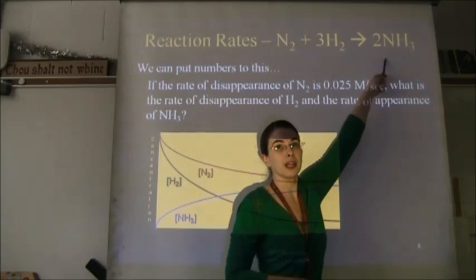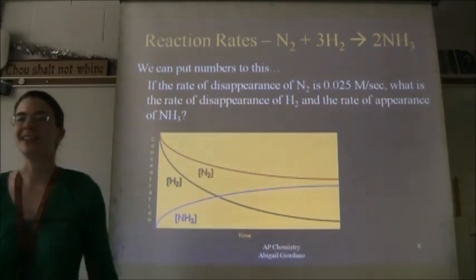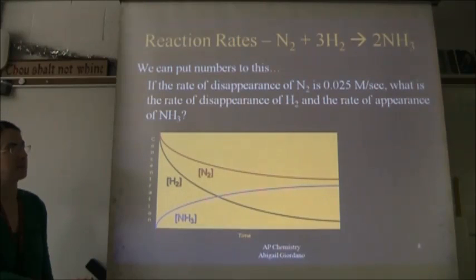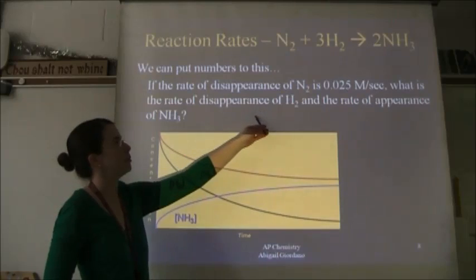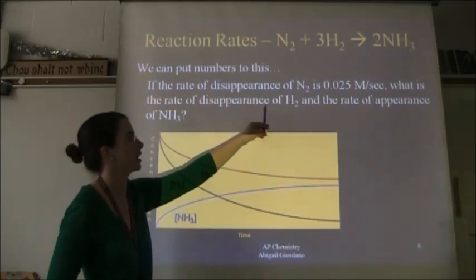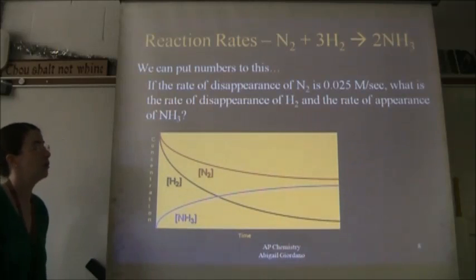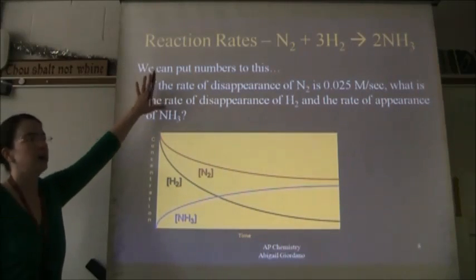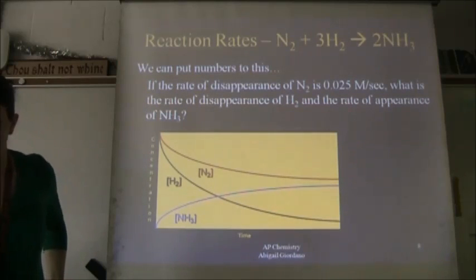Ammonia is appearing twice as fast as nitrogen is disappearing. So the rate of disappearance of hydrogen would be 0.075 molarity per second. The rate of appearance of ammonia would be 0.050 molarity per second. Okay. Very multiple choice kind of situation there.